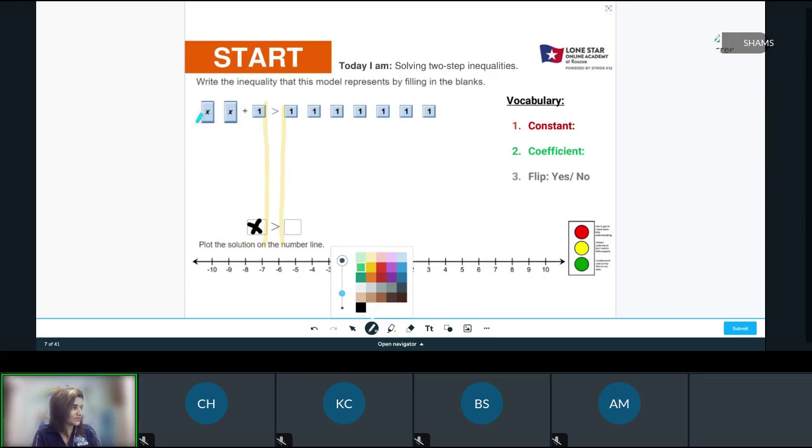Look at the model and see if you can write an inequality for this model. How many x do you see on your left side? Kendra, heading in the right direction. Carol, heading in the right direction. Mohammed, heading in the right direction.